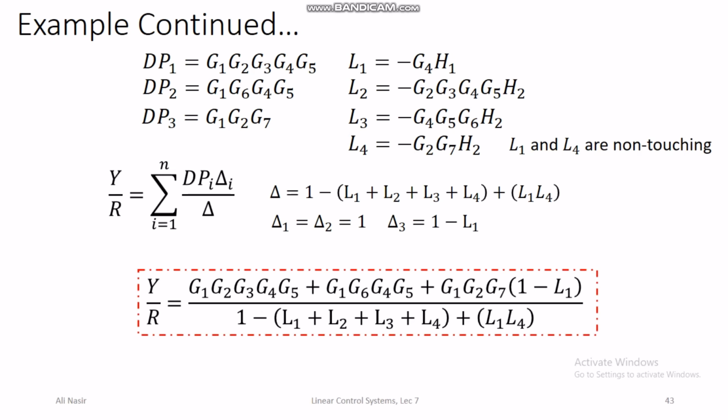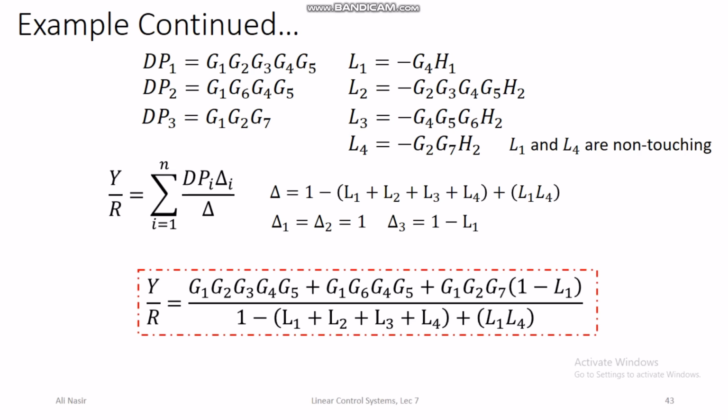So this is Mason's rule, it is mathematically proven and derived. Although we have not discussed the derivation and proof of Mason's rule in this lecture, Mason's rule is the final authority that you can use for determining the transfer function in complicated block diagrams.